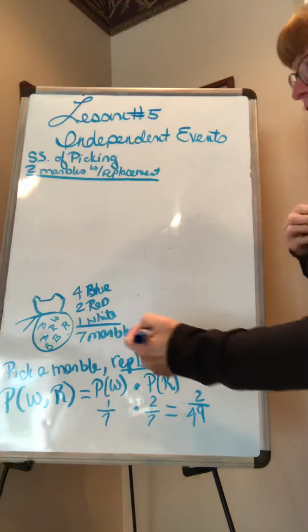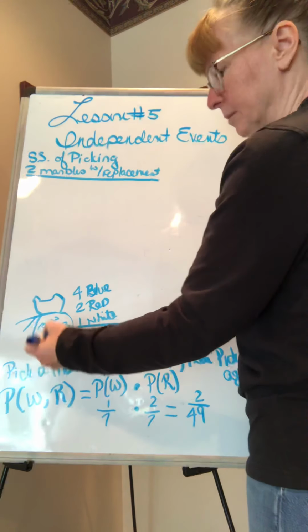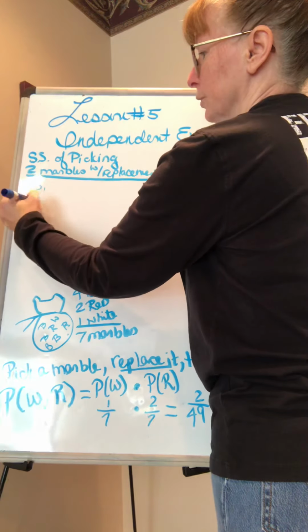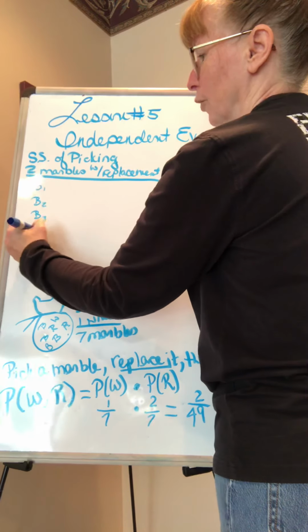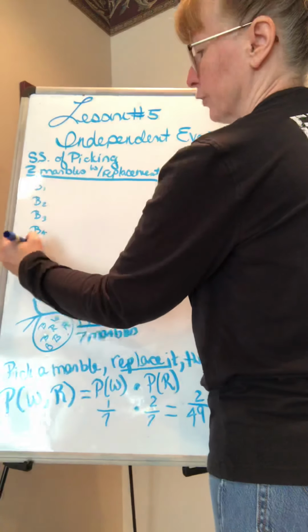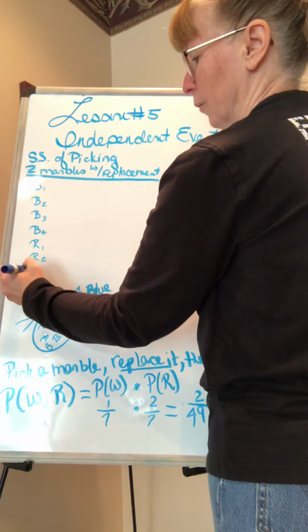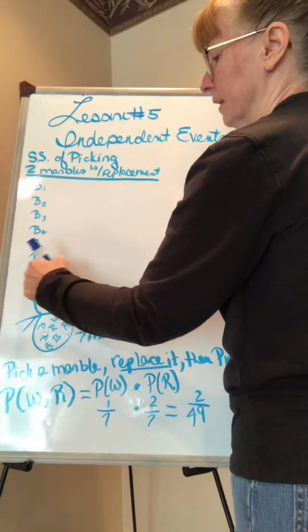what I have to do now is consider that each marble is separate. I mean, they are separate pieces. So there's blue 1, there's blue 2, there's blue 3, there's blue 4. Then there's red 1, red 2, and white. And there's only 1 white, so let me just make that neater.